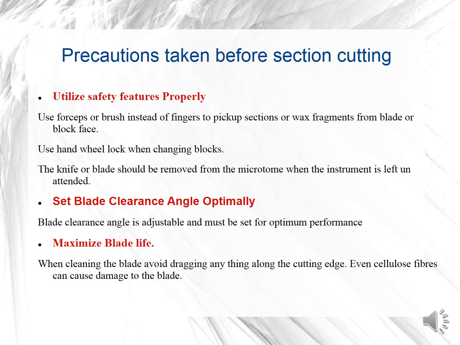The knife or the blade should be removed and properly sharpened for the microtome when the instrument is left unattended. Set the blade clearly, angle optimally. So blade setting is also very important. For maximum blade life, cutting should be properly done. Even cellulose fibers can cause damage to the blade. So precautions should be taken here.